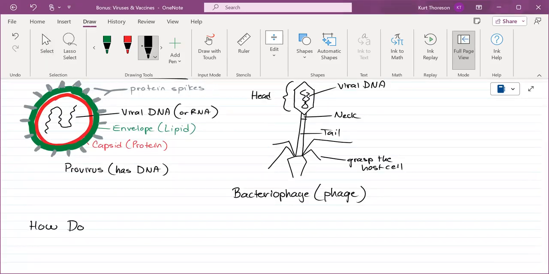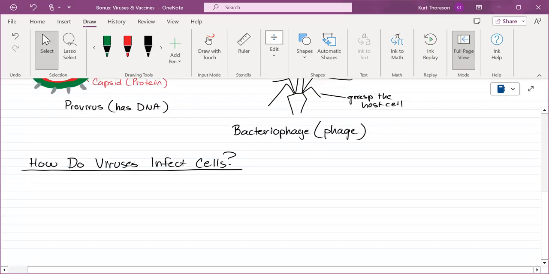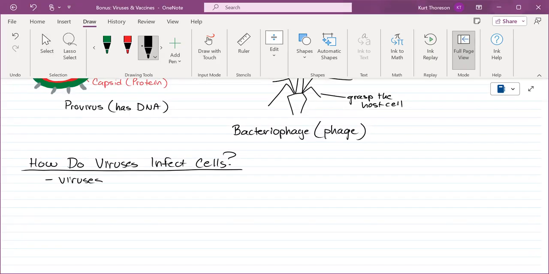All right, so let's get to the next topic. How do viruses infect cells? Viruses use the protein spikes to enter cells.